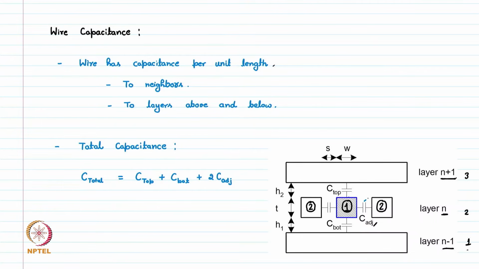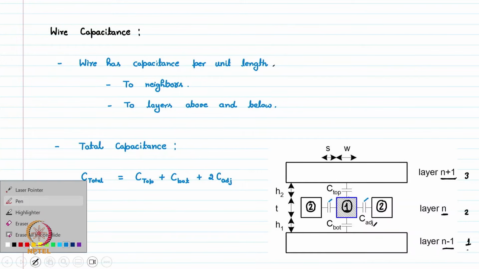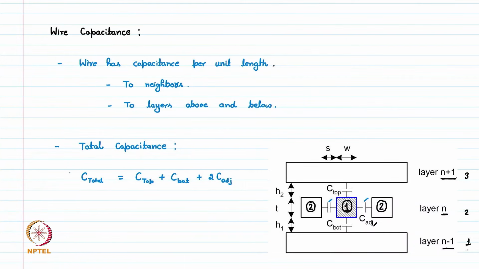So this capacitance and this capacitance, we have 2 times. So the total capacitance C total is equal to C top plus C bottom plus 2 times the adjacent capacitance. This is the total capacitance we have per unit length of the wire.